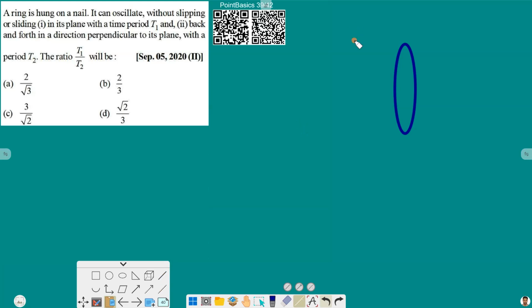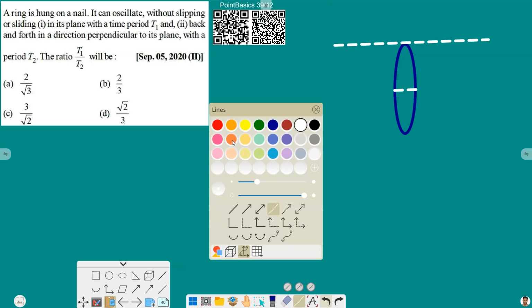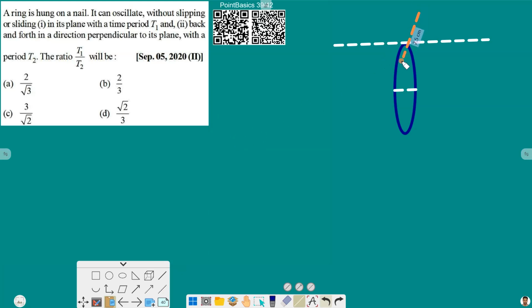One is along this axis. This axis is perpendicular to its diameter. This axis is parallel to its diameter. Suppose this is its diameter. So this axis is parallel to this diameter. And one more axis that is perpendicular to its diameter, something like this.